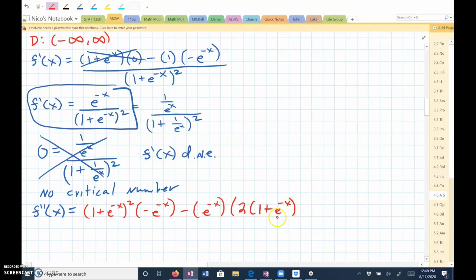So then we have to take the derivative of e to the negative x, which would be negative e to the negative x. All over 1 plus e to the negative x to the 4th power.